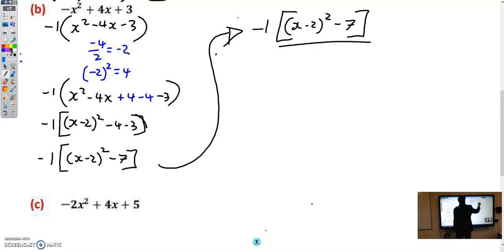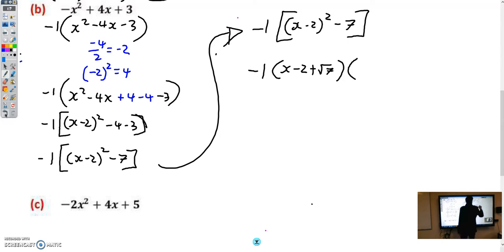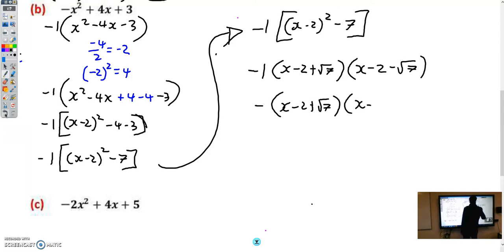I'm going to apply DOPS to the section inside where we have our a squared minus b squared. We're treating 7 here as b squared. So we will have minus 1 outside of x minus 2 plus root 7 and x minus 2 minus root 7. Now, being a negative 1, we can just write this as negative outside of x minus 2 plus root 7, x minus 2 minus root 7. That is our final answer.